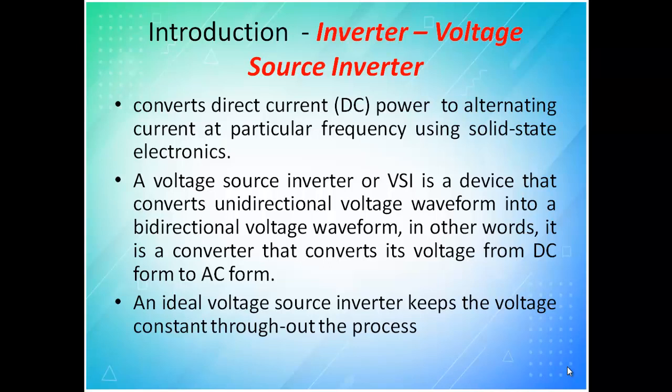I think you all have a UPS and an inverter at home. There is a difference: a UPS is only for computers, an inverter is for the entire home. At normal time, from the supply you convert it into DC and charge the battery.